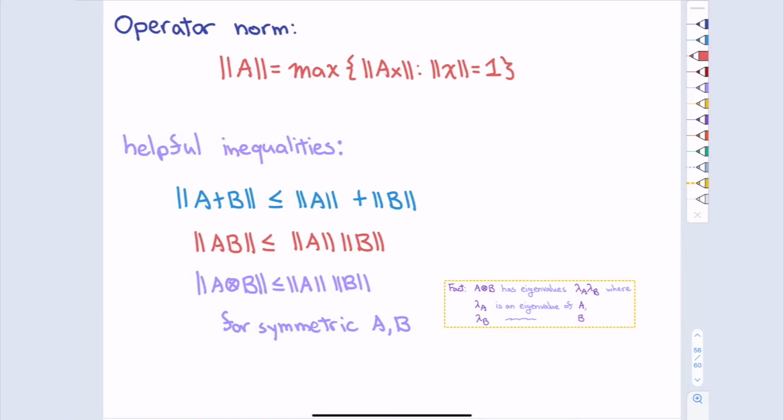And because the eigenvalues of the tensor product are the products of the eigenvalues of the two matrices, we also get this. I guess it might actually be equals. This is very convenient because we can start playing with these matrices almost as if they're vectors. We can start manipulating them geometrically. That makes life easier.